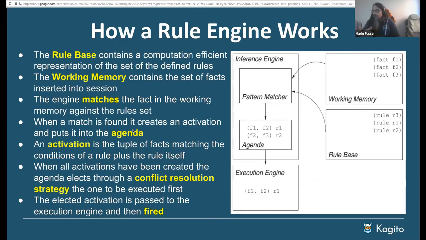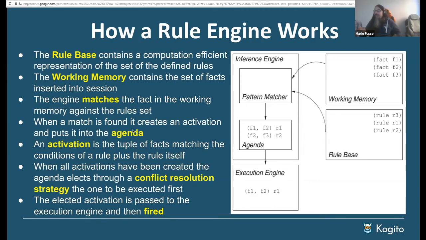One is the rules, the set of your rules implementing your business logic, and the other is the working memory: the facts, the events if you are doing complex event processing, that you send to the engine, and the engine uses to evaluate the rules against them.